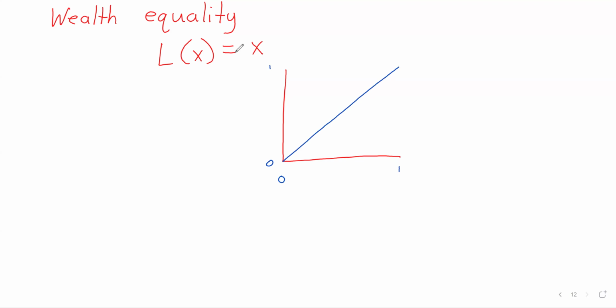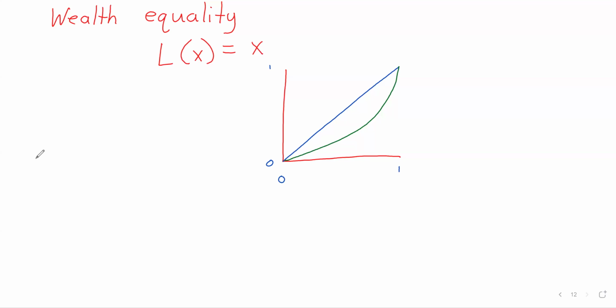And here is wealth equality. Well, there is no country on earth that has this as its Lorenz function. A real Lorenz curve might look something like that.